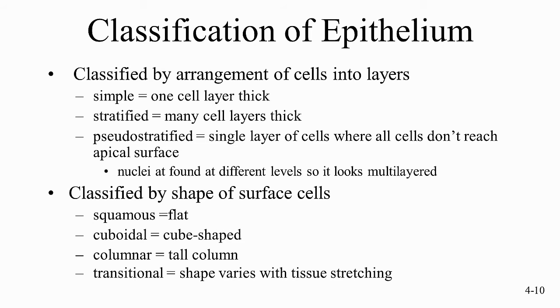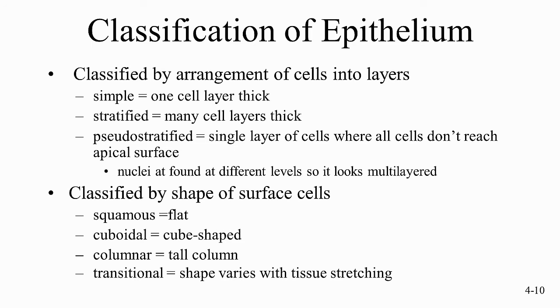Now there is one group of tissues that tricks us. It looks like it's stacked up because when we look at simple epithelium, usually the nuclei, which are found right in the center of the cells, are going to be lined up in a nice row. If we look at stratified epithelium, we're going to have multiple nuclei at different levels.